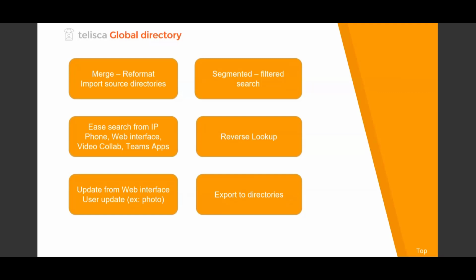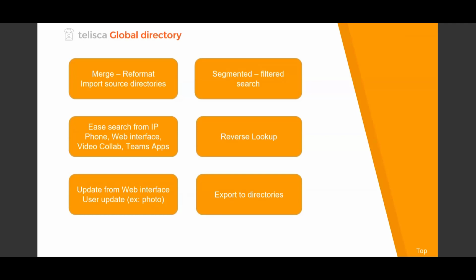We provide, through the web interface, a way to update the directory, so some users may be allowed to update it. We can also upload, for example, additional Excel files, or we can allow each user to update their own contact information, and for example the photo, because photos are popular now, but it's very cumbersome to ask somebody to import the photo for everybody.